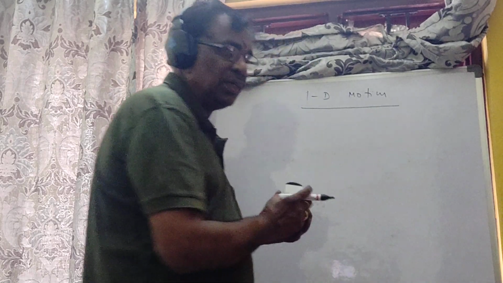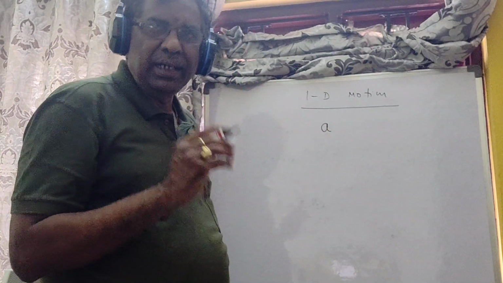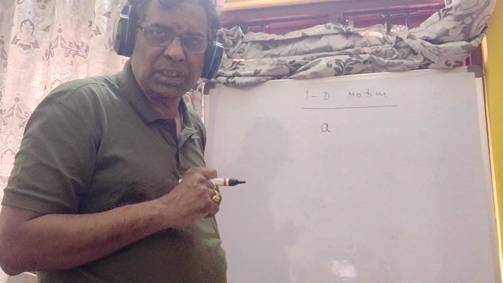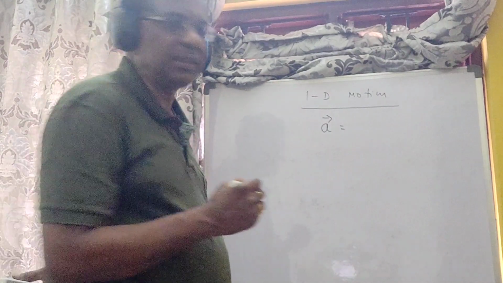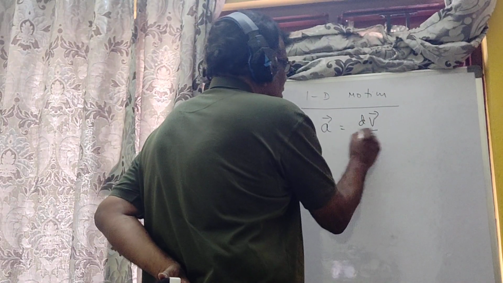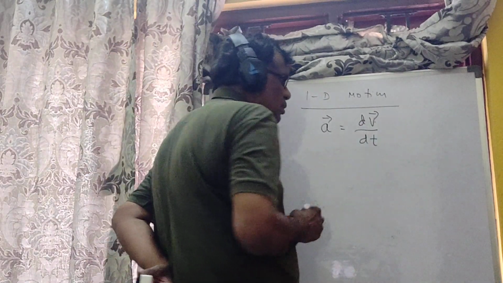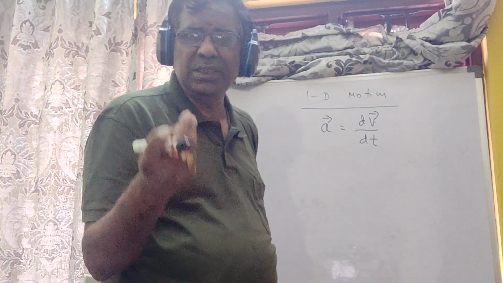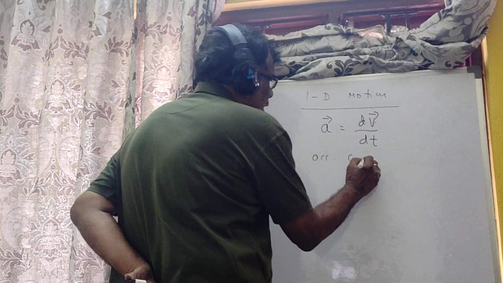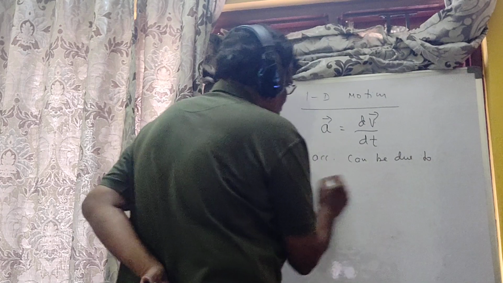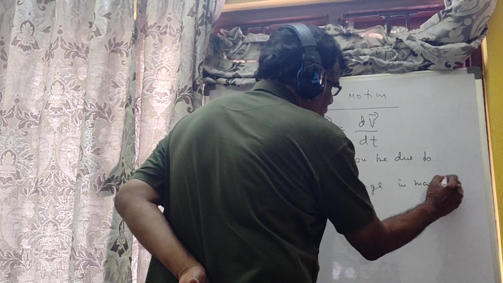Now, one thing which you should definitely understand as far as acceleration is concerned, I slightly deviate from 1D motion by looking at the general expression for acceleration, which is nothing but dv bar by dt. Now this v bar, that velocity, consists of magnitude and direction. Therefore, acceleration can be due to one, change in magnitude only.